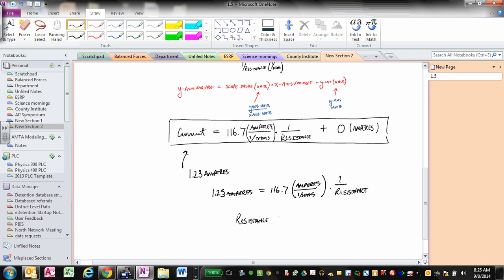I can see that the resistance is going to be equal to 116.7 amperes over 1 over ohms times 1 over 1.23 amperes.